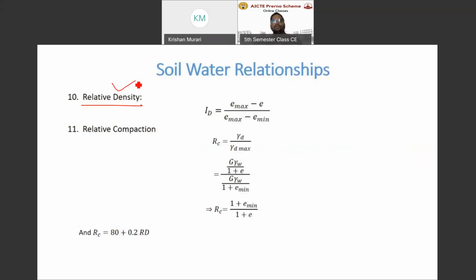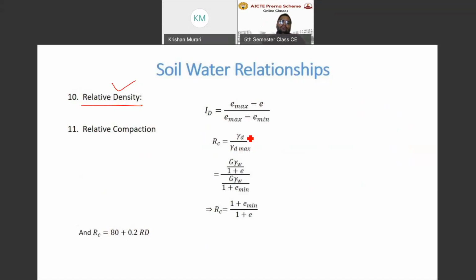Where Emax is there, the void ratio is maximum, and the soil is in a loose condition. What is E minimum? E minimum is the minimum void ratio. At which condition is the minimum void ratio there? Minimum void ratio is there in the condition of dense sand.